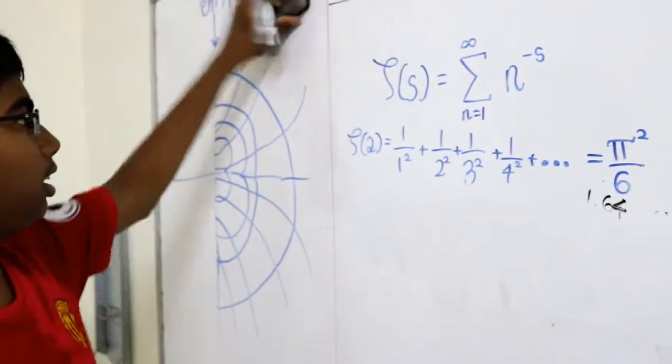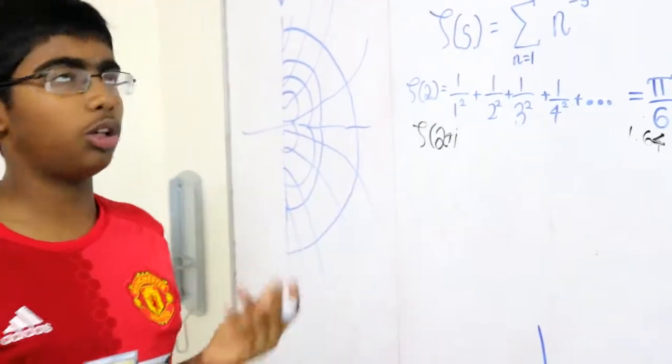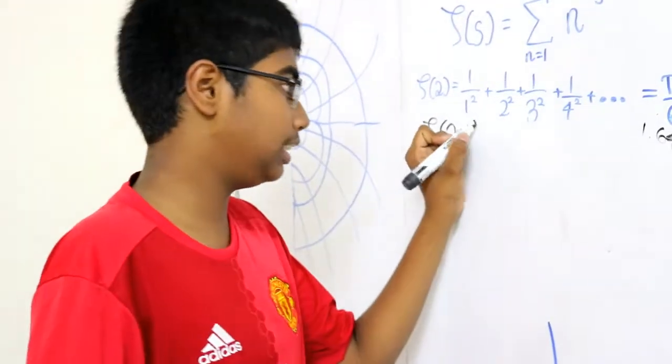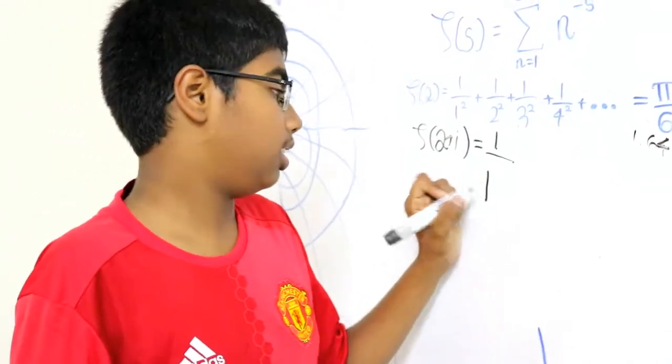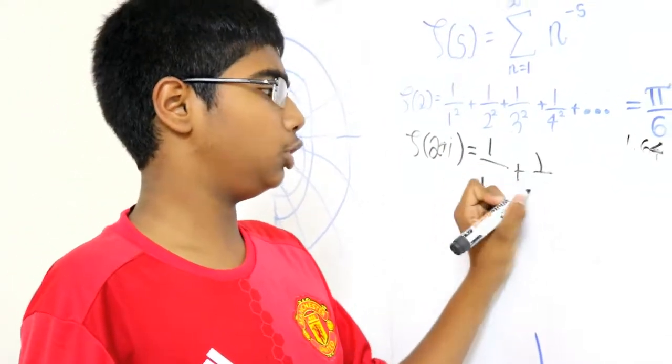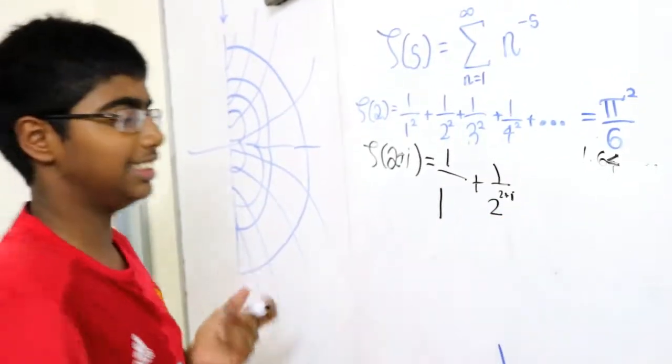But what about numbers that are not in the real line? I'm assuming you know complex numbers, what to do with them, and derivatives. So you get 1 over 2 to the 2 plus i. What is this?